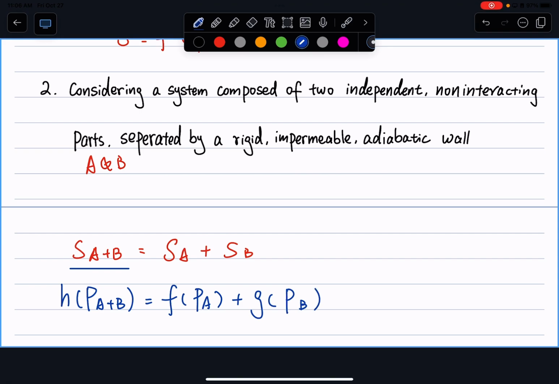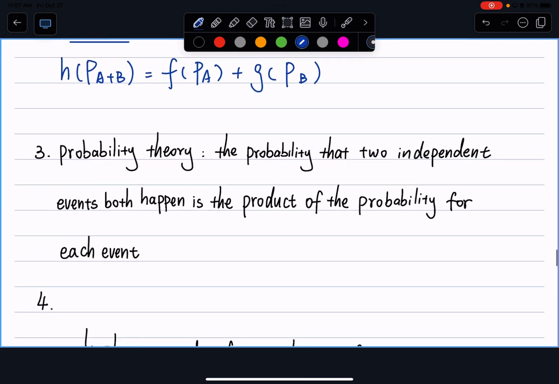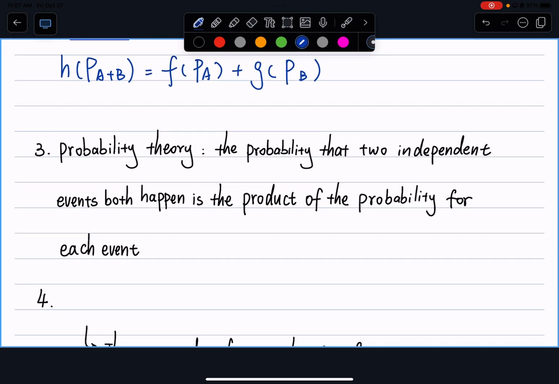So first of all, we know that entropy is an extensive function, so the entropy of the entire system equals the sum of each part of that system. Then we're just writing the expression that entropy is some function of probability. Now we want to use a little bit of probability theory. In probability theory, the probability that two independent events both happen is the product of the probability of each event.